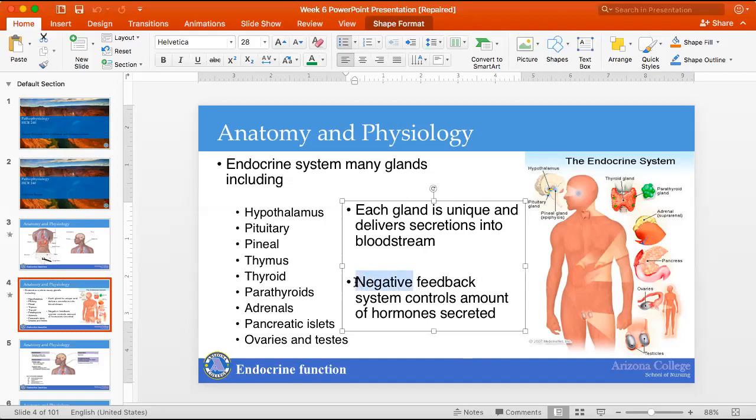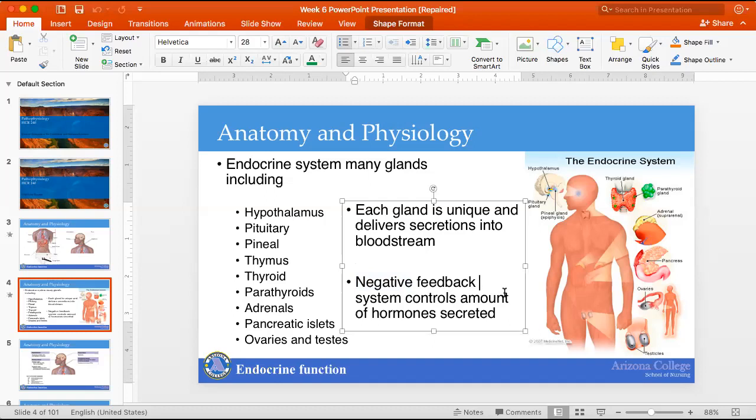If it was a positive feedback, the opposite of this, anytime our body temperature started to rise, our body would try to raise it even more. Those are very rare. In that example, if your body was already really warm and then it started heating up more, that would be very dangerous. Typically, you only see positive feedback in examples like childbirth, when there are increased contractions of the uterus.